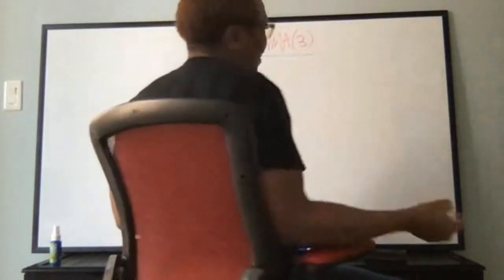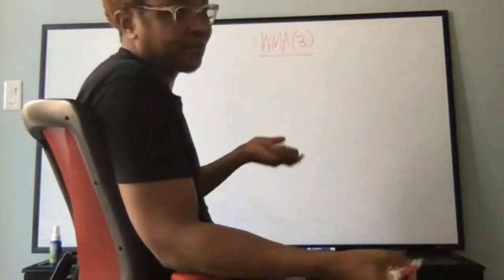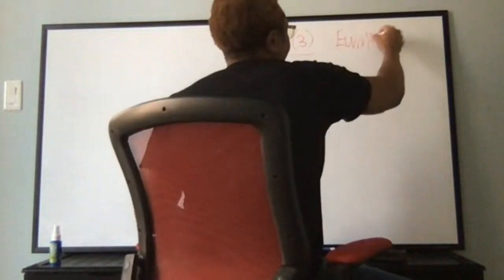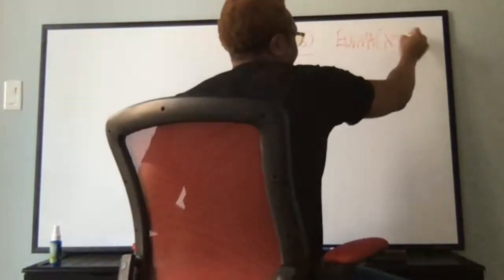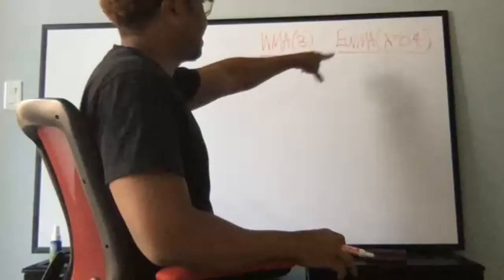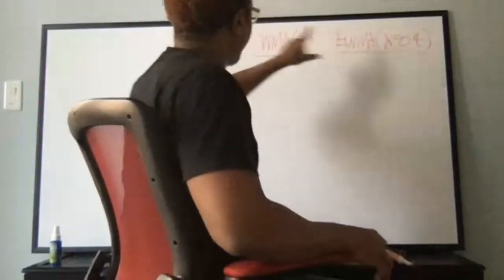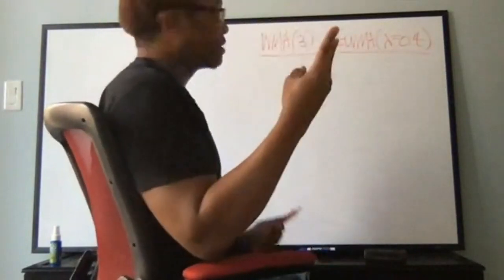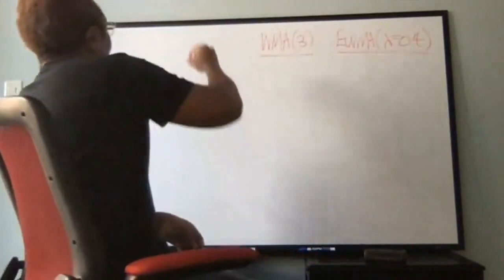If I give you something like EWMA, I would have to give you what lambda is. EWMA is where I give you lambda is 0.4, but WMA is where I have to give you those three separate fractions.